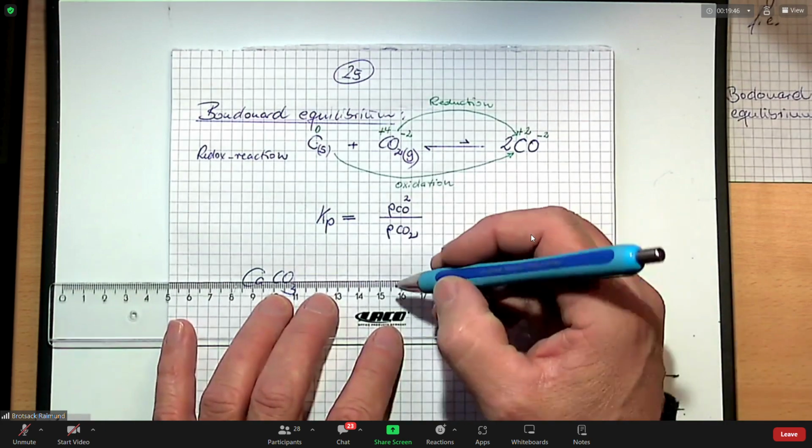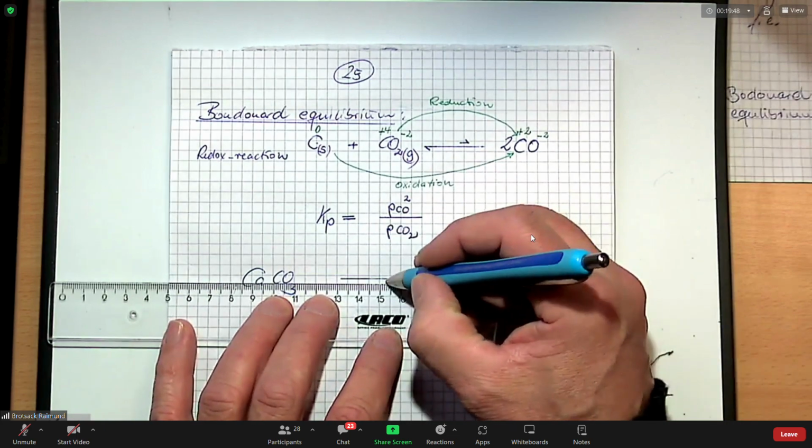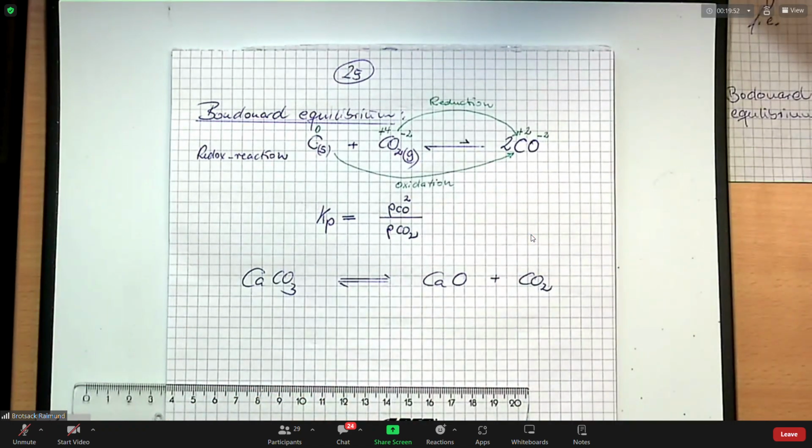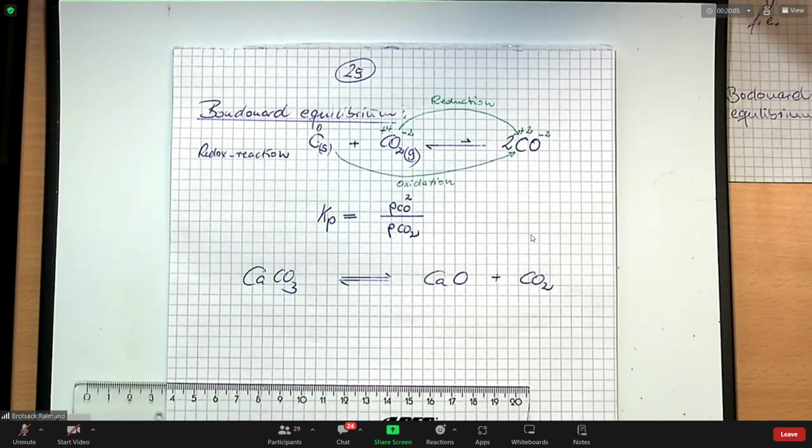And that's an equilibrium. If we don't know whether it is on the right or on the left, we just draw the 2 arrows in the same size. But that's not what we like to talk about now.